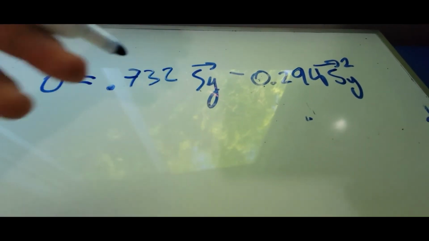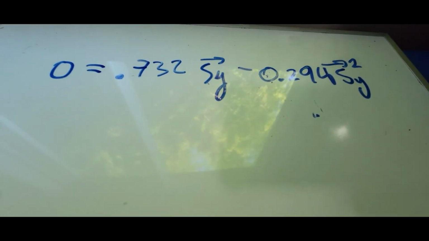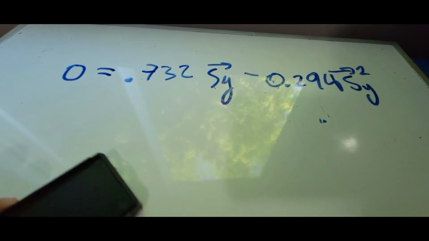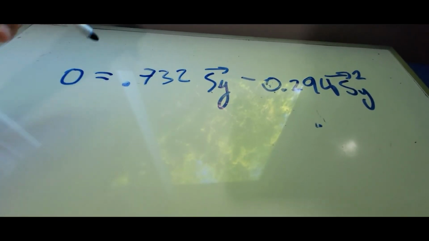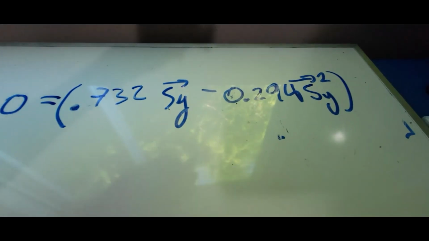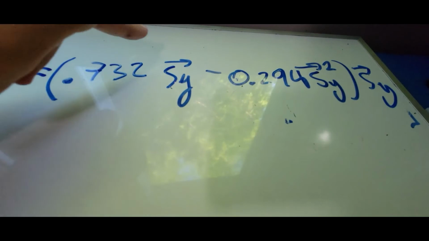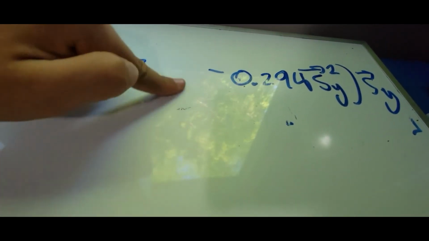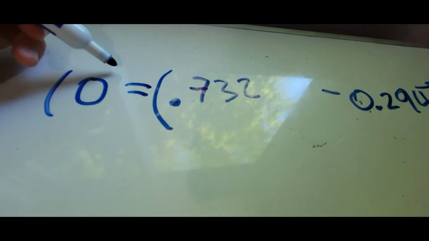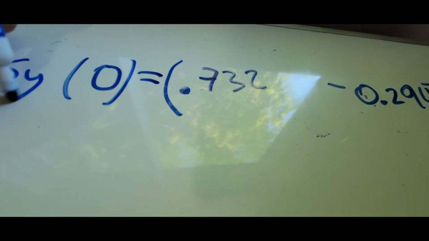Now this equation right here basically gives us the answer. So we could factor this by sy, so basically dividing both sides by sy. The way we would do this is that we would remove another sy, so we'd remove this sy, and we'd make this into a regular sy. And then we do this on the other side as well.